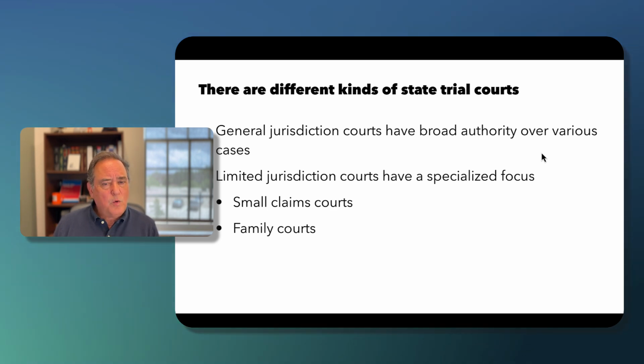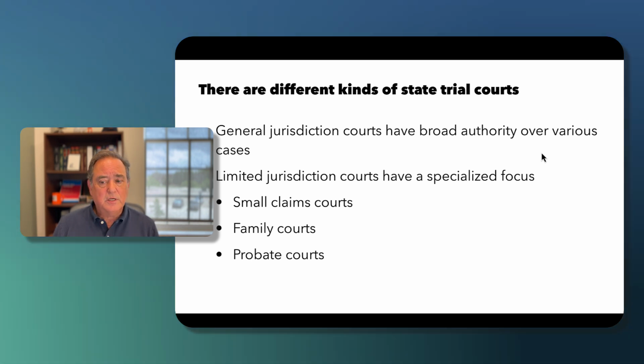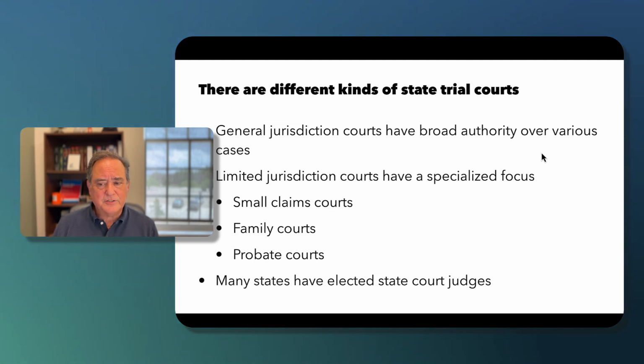And that's the only kind of cases that those courts hear. But they are still acting as a trial court. They are deciding facts. Probate courts, they hear matters regarding wills and estates and trusts. Again, they are the trial court for those specialized matters.